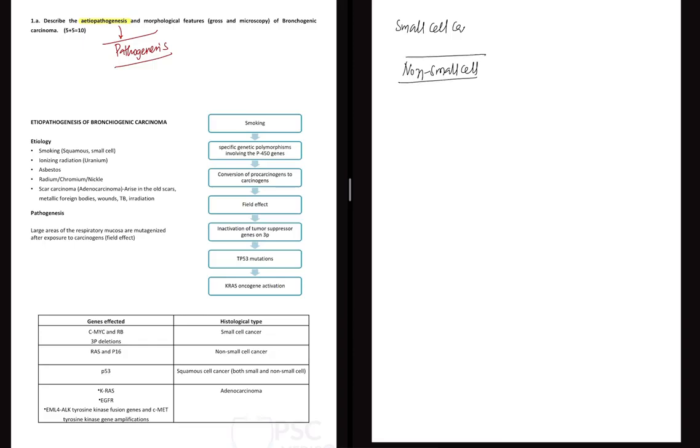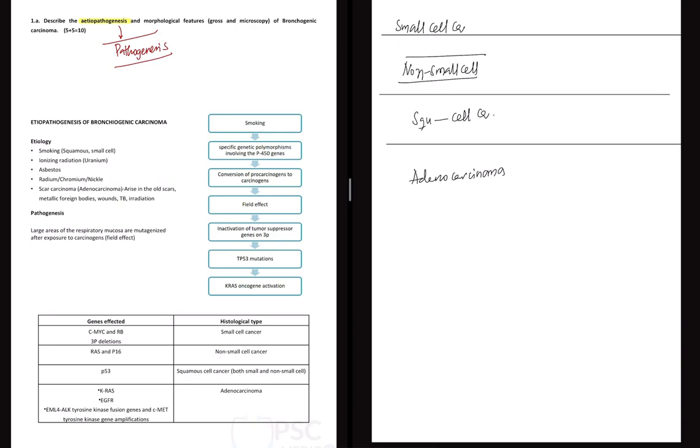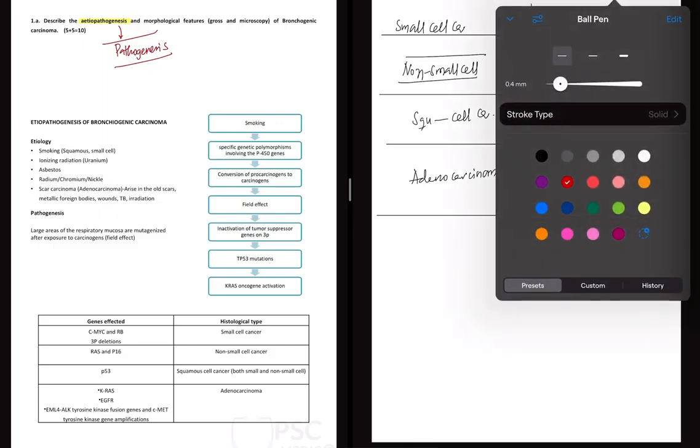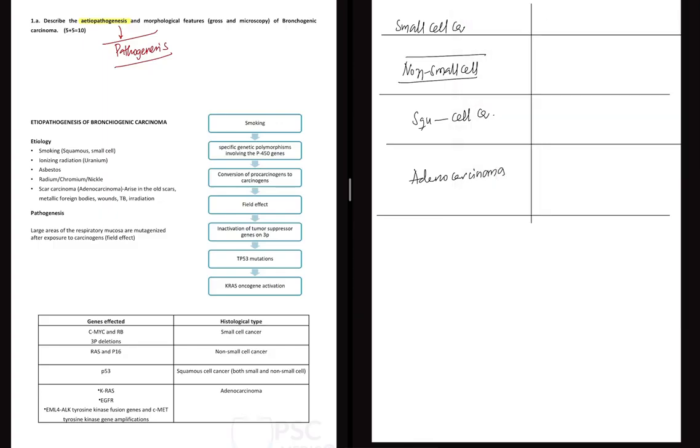But to be more precise, you also have squamous cell carcinoma, and finally adenocarcinoma. Each variety or each entity has its very own genes which get affected. So we are looking at those genes here. With regards to small cell carcinoma, the genes which are affected are c-MYC and RB. So molecular pathogenesis. When they ask you pathogenesis, focus more on molecular pathogenesis.